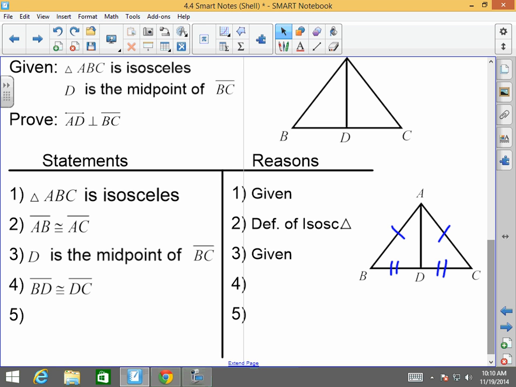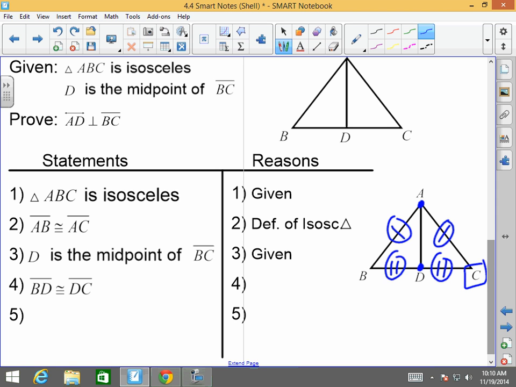Now, think about it, guys. Aren't both A and D equidistant to points C and B, which are the endpoints of segment BC? The answer is yes, they are. Okay? And sorry, BD is congruent to DC because of the definition of midpoint.